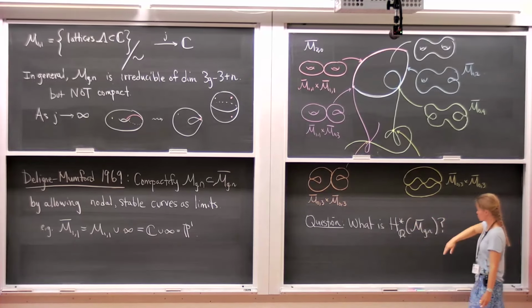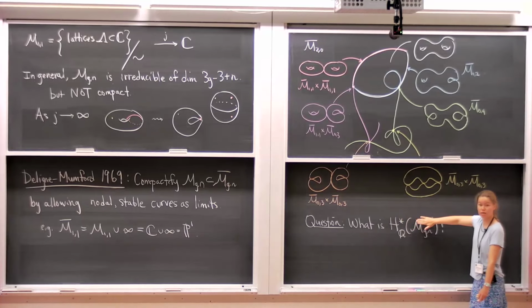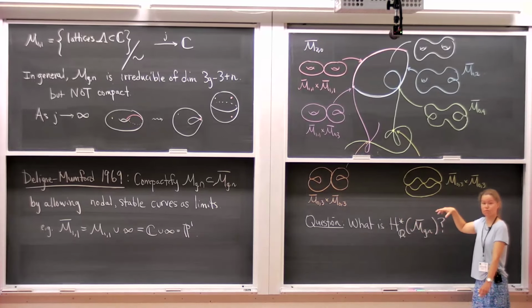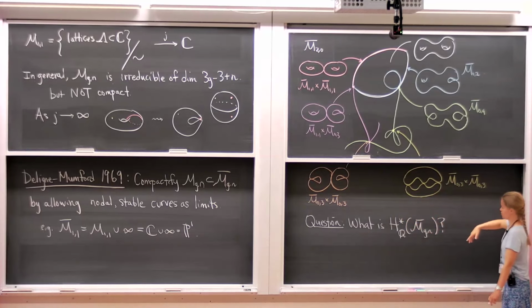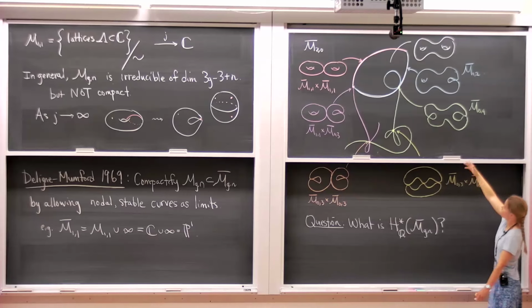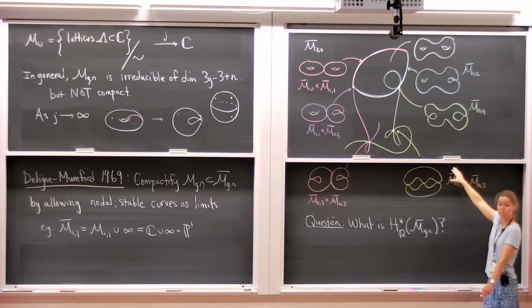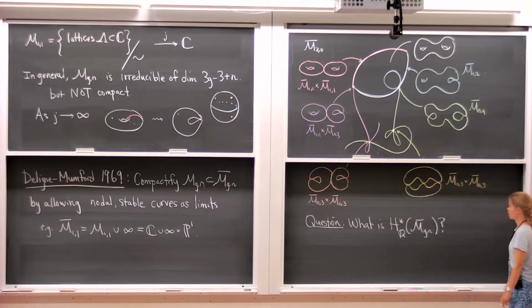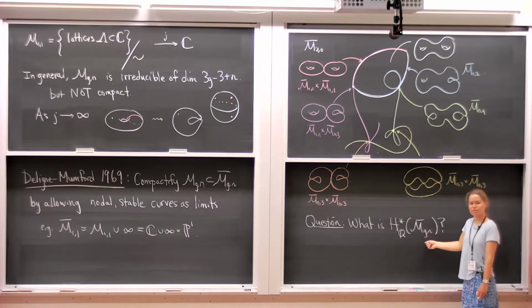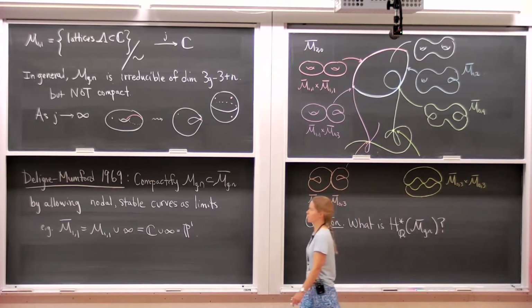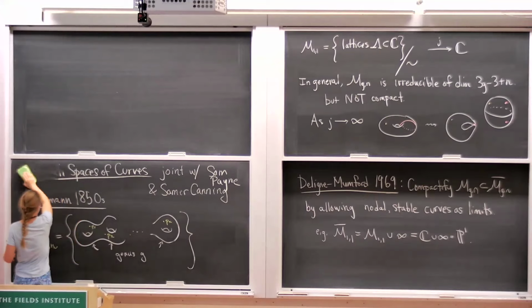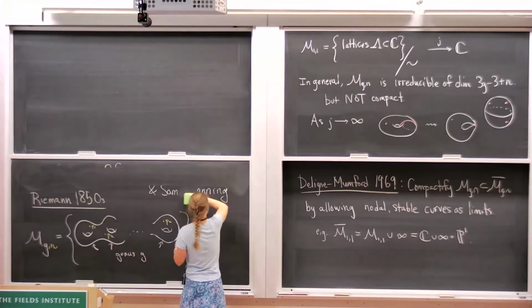People are also interested in asking this question without the bar, and the two questions are related. In theory, you should be able to pass information between them, but doing so involves the combinatorics of this stratification. So this is a very ambitious question, and so I want to start with something simpler, which is, what even are some elements of the cohomology ring of M_{g,n} bar?